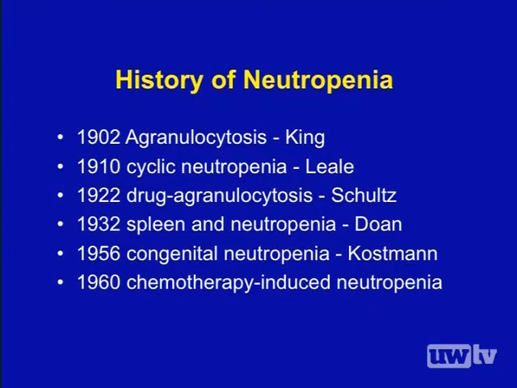And in the 1920s, actually after World War I, was when it was first recognized that drugs, all kinds of drugs, cause neutropenia. And this condition, usually referred to as agranulocytosis, which means no granulocytes, with neutrophils being the common granulocytes, was described. And this became a growing problem throughout the world.